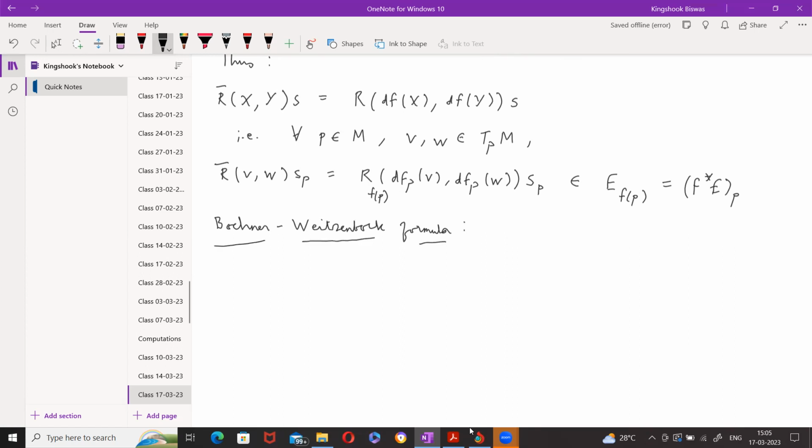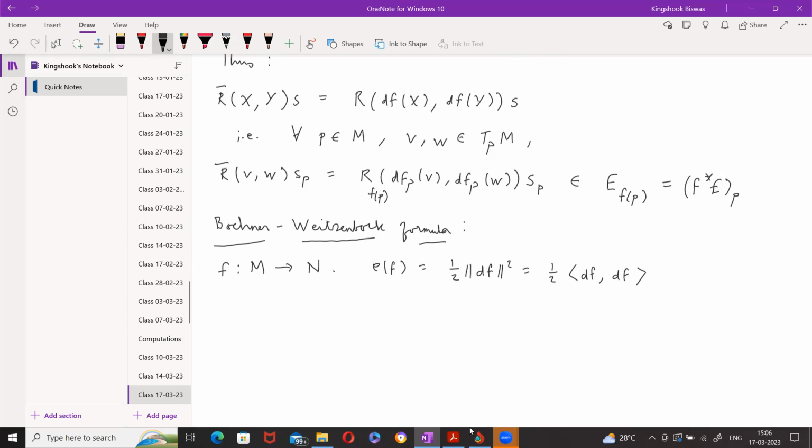So before doing this, we have f from M to N. The energy density of f is half the norm of df squared, which is half the inner product of df with df. Remember, the inner product of A, B is the trace of B star A. That's the inner product on the bundle of linear maps from TM to f star TN.